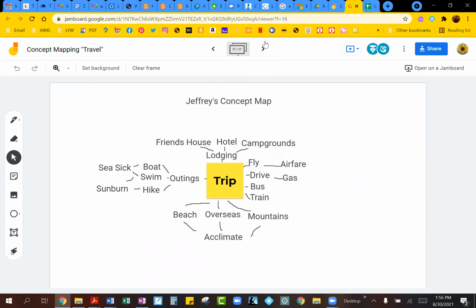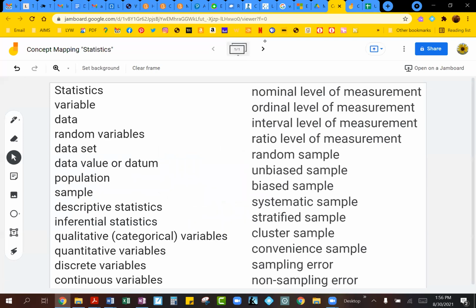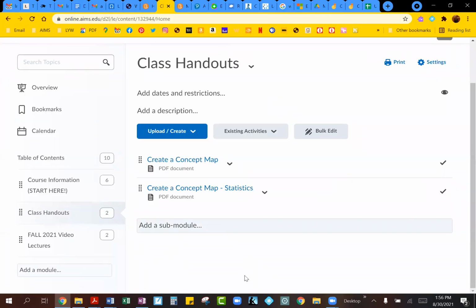So this is what I would like you guys to do, something similar, but this time you are using terminology from your statistics. So these are all the words that you have. You can actually also find this document in your class handouts for the Math 092 class. You will see I went ahead and added this PDF document over here.